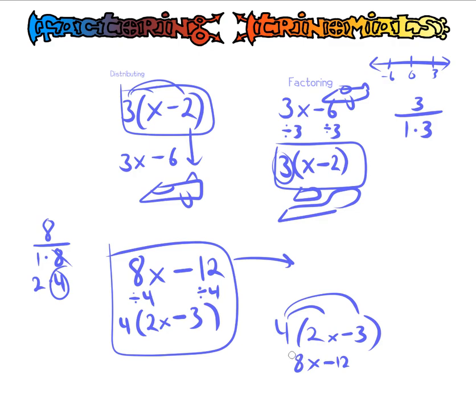So that's 8x minus 12. Now this 8x minus 12 is the same 8x minus 12 that I started with when I was factoring, but now I got it by distributing. So hopefully you get the idea that factoring is the opposite of distributing.